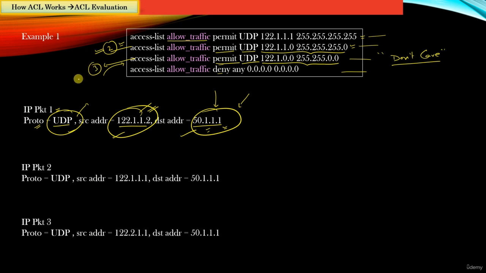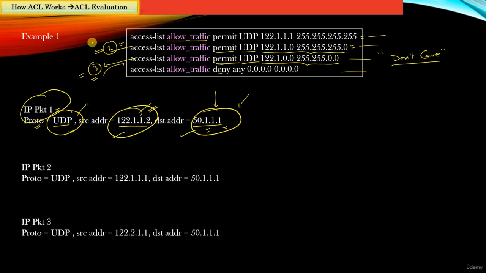So for IP packet number 1, both ACL rule number 2 and ACL rule number 3 say permit. Now the question is which ACL rule we must honor. Should we announce that ACL rule number 3 has permitted the packet or ACL rule number 2 has permitted the packet? The answer is simple.